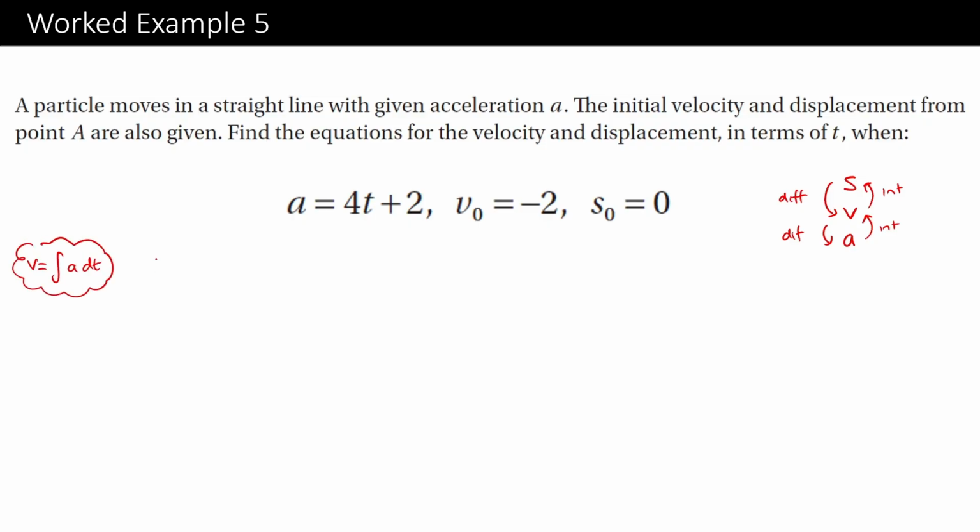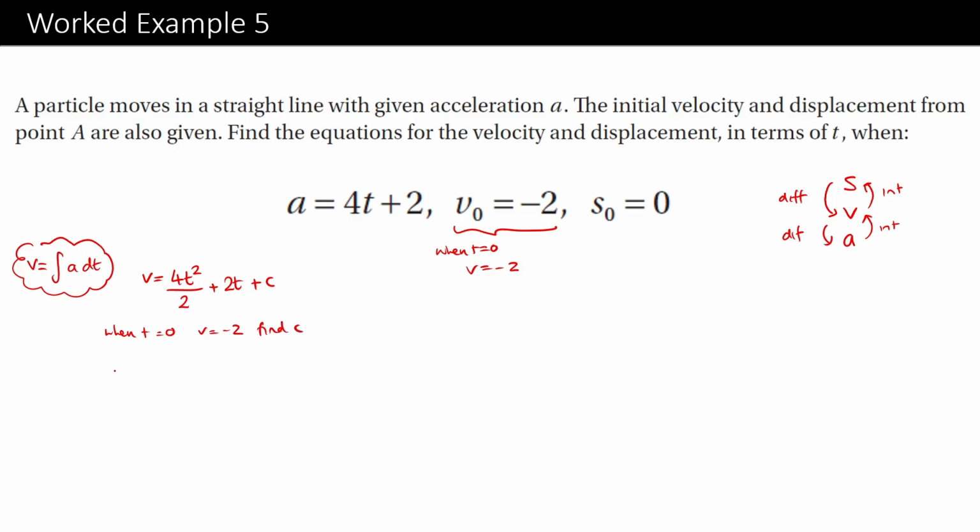So integrating a, that's going to give me v equals 4t squared over 2 plus 2t plus c. Then using the information that's given, this first one here tells me that when t equals 0, v equals negative 2, and I can then find c.